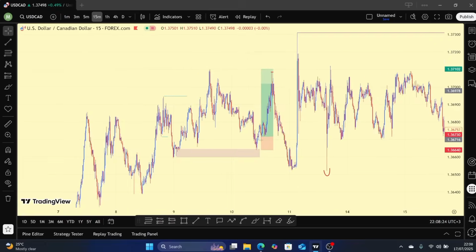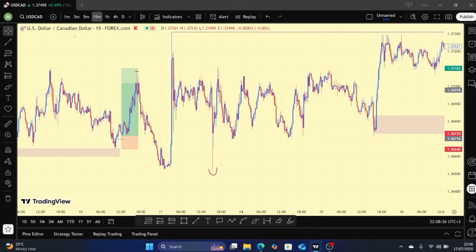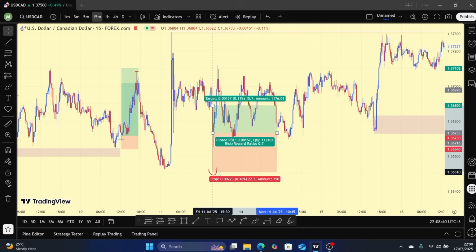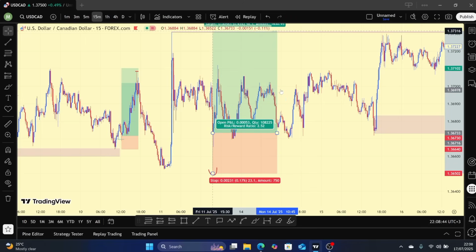So you can see my next entry was right here, but I didn't take this entry because I was asleep. You can see after the major inducement here, the next entry was supposed to be after the closure of that candle, then stop loss below here, and then obviously targeting there.